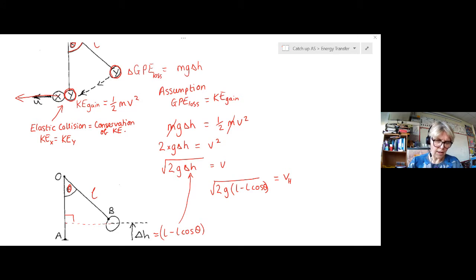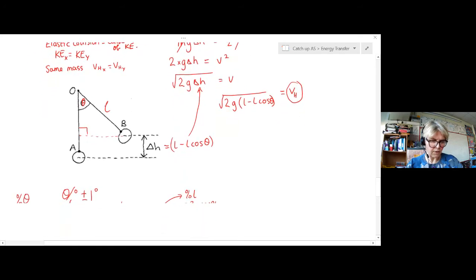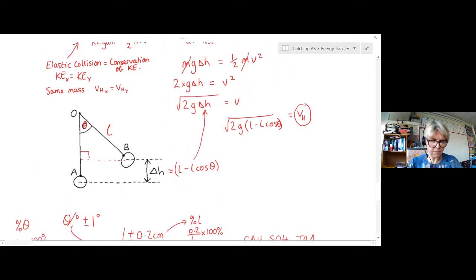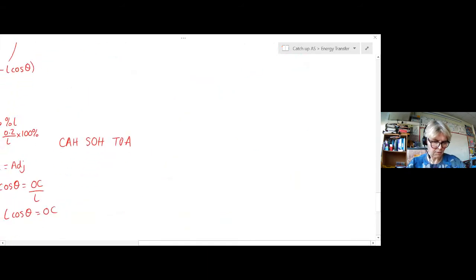So if it's the same mass for both ball x and y, then we can say that the horizontal velocity of x is the same as the horizontal velocity of y. Now we've got a situation, try and remember that equation.